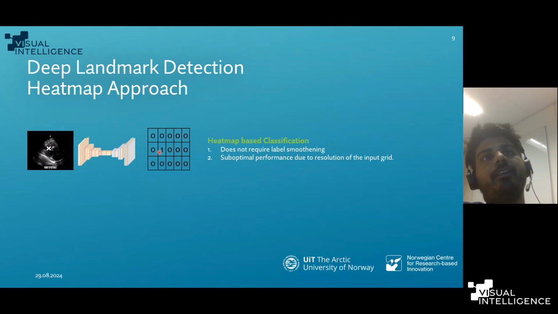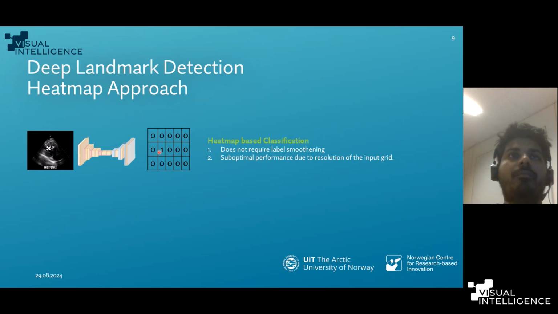So we can pinpoint the location of the landmarks using the classification based approach, and some recent works argue in favor of it, and it works for facial landmark detection and pose estimation and stuff.